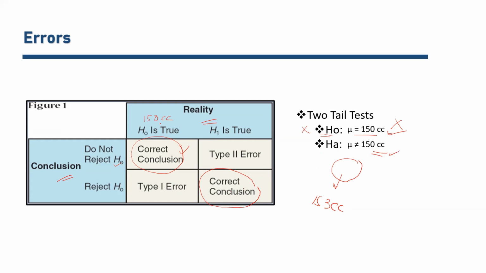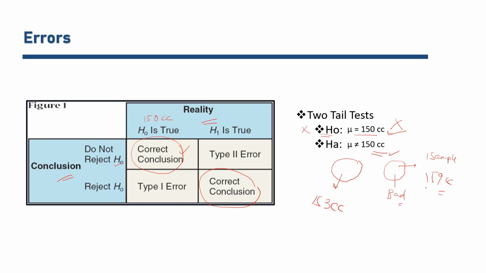But at times it might happen that the reality was that 150 cc is what the machine is producing, but you took out a very bad sample, and based on that bad sample you rejected the H0. A bad sampling might be that you only took one sample, and it came 159 cc.